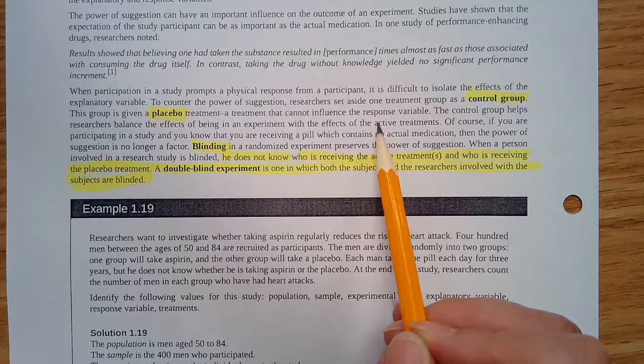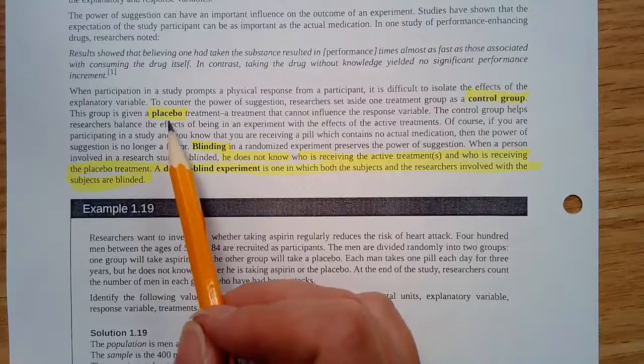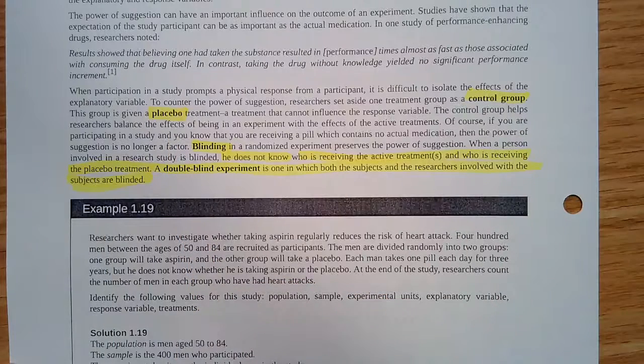So you have your treatment group, which receives the treatment, and then you have your control group, which receives the placebo. Our minds are amazing, and sometimes if we think we're taking something that's going to help us, our mind will make that help happen, even if that placebo didn't have anything in it. That's called the placebo effect.